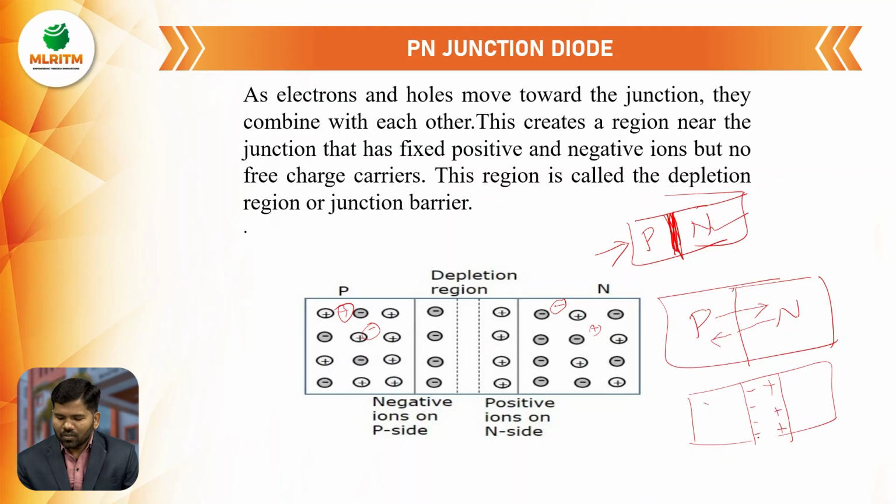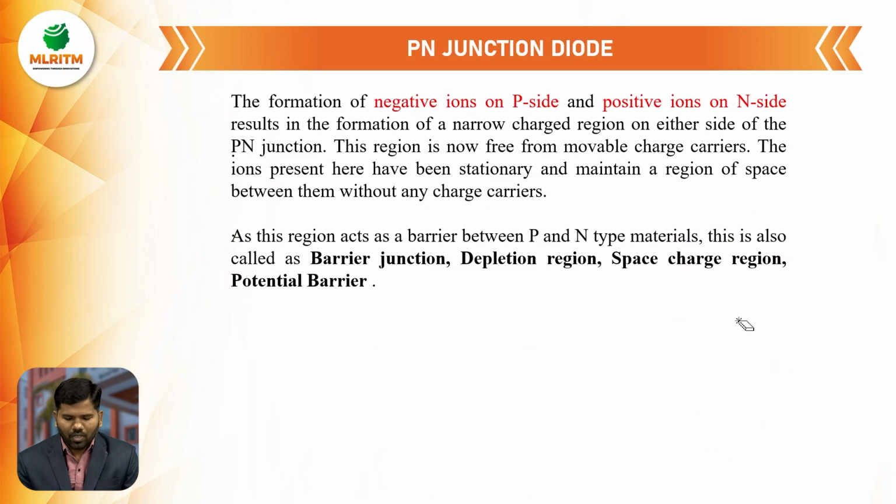This junction acts as a depletion layer or a potential barrier. This region is also called the barrier junction, depletion region, space charge region, or potential barrier. It forms because negative ions on the p side and positive ions on the n side create a narrow charge region on each side of the p-n junction diode.